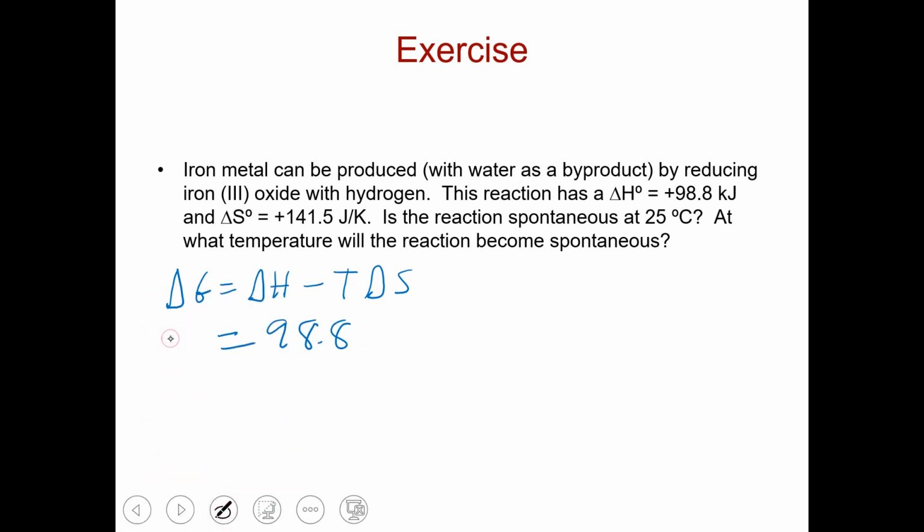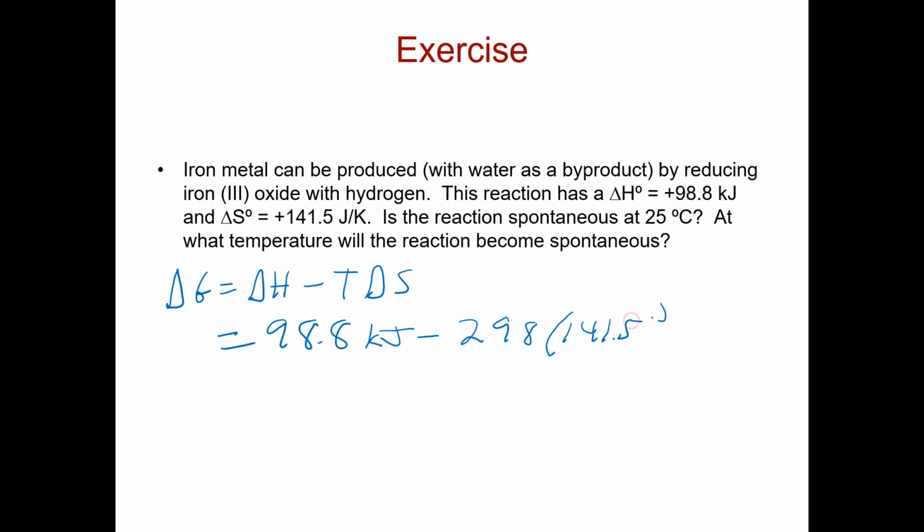Need the pen here. Kilojoules minus T, 25 plus 273 gives us a temperature of 298, and delta S is 141.5 joules per Kelvin. So T is 298 Kelvin.